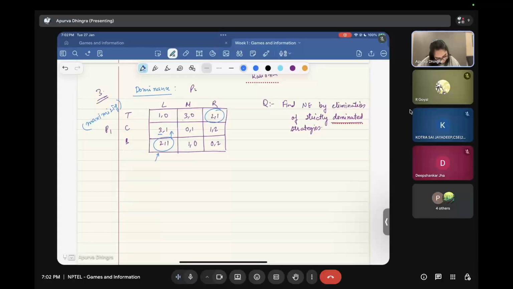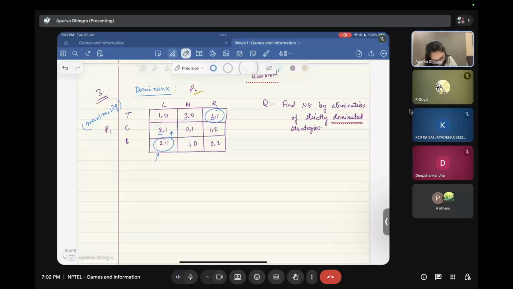Similarly, let's go through the next column. Second column, again, player 1 would prefer playing T, and in the last column he would again prefer playing T. Now I am going row wise, so I am looking at player 2's scenario.